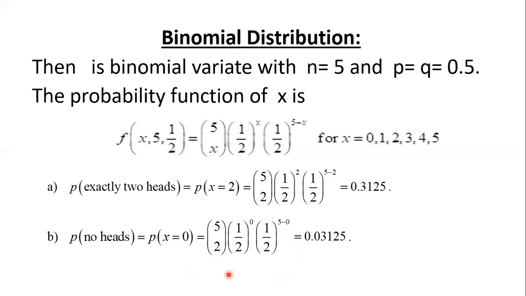Finally, we get the probability of 0 heads equal to 0.03125.